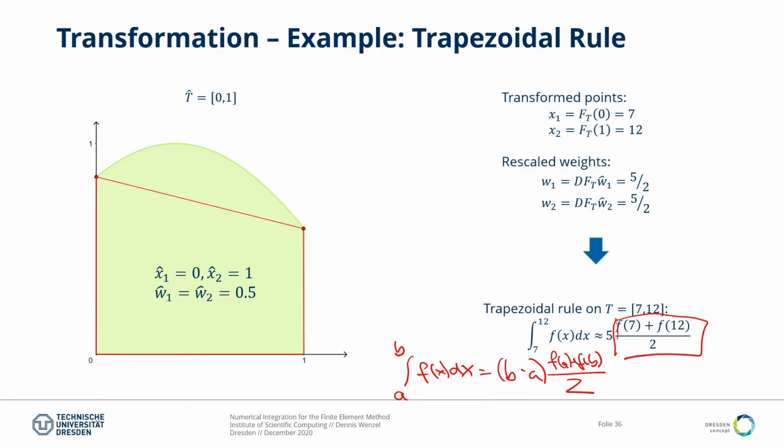This b minus a is here just the number 5. So if you look at this formula, you see that it is derived by originally defining a quadrature on a simple reference interval, from 0 to 1 for example, and then transforming it.